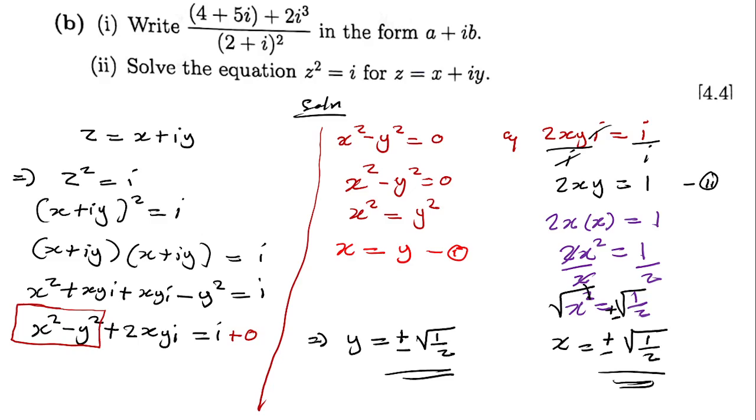Yes, sir. How did you handle those squares on x and y? I cancelled them. This one and that one. Remember, if x squared is equal to y squared, then that simply means that x is equal to y. You can borrow the knowledge from rational numbers.